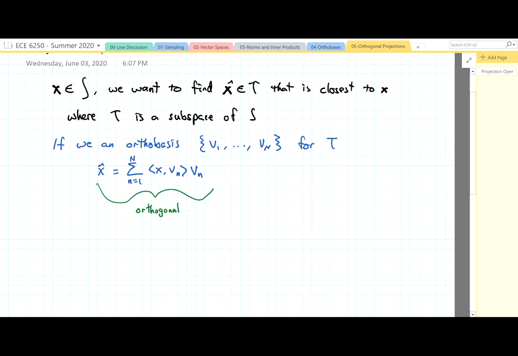So this is an orthogonal projection of x onto t. And so we're going to say there's an operator that does this.